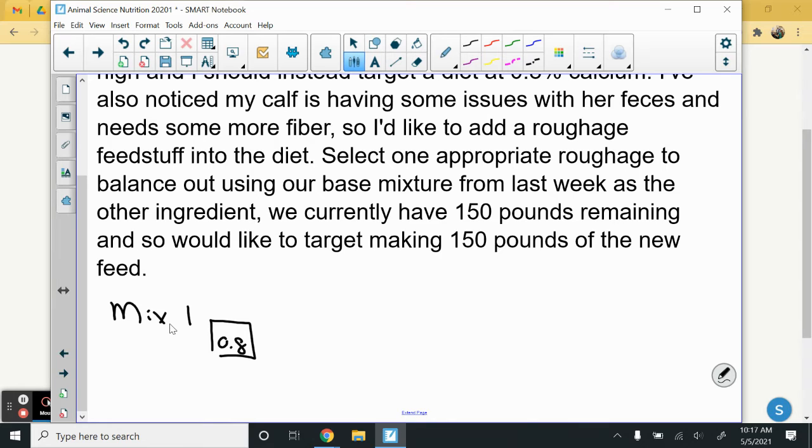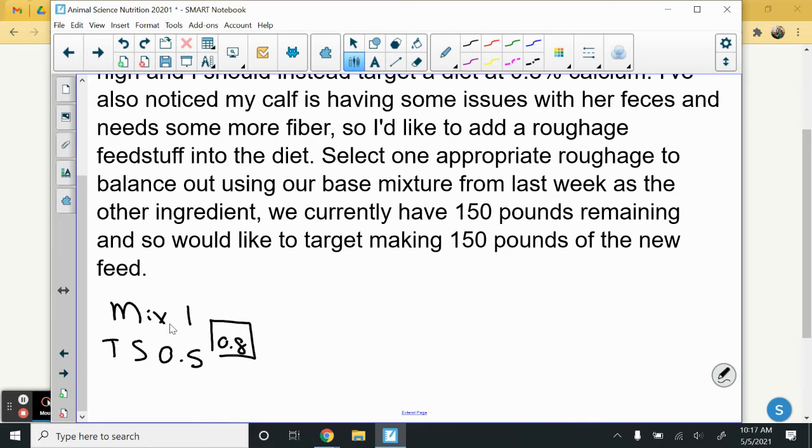Any one of those is going to work perfectly fine. I'm going to go ahead and choose Timothy silage, so I'm going to put a TS for Timothy silage. And Timothy silage, when I look at the composition chart, has 0.5% calcium, which means it's definitely under 0.8, and it will definitely work for my mixture.